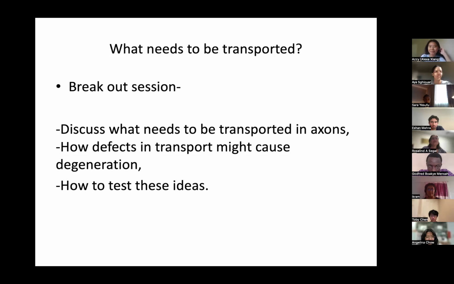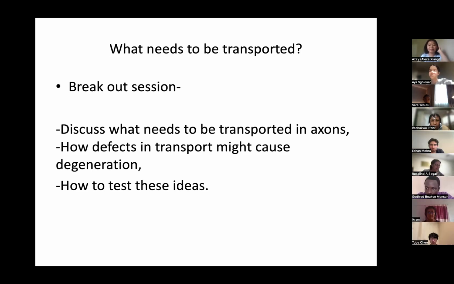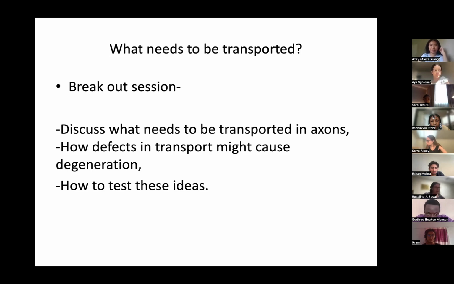Can I ask my question, or should I answer the question? Sure. Okay, so for my question, something we discussed in our group is that chemicals like chemotherapy cause axon degeneration. What about other things like artificial additives or harmful drugs? Would those also cause this kind of dying back phenomenon, or is it just specifically these kinds of chemicals? Yeah, that's a really good question. It is not just these.